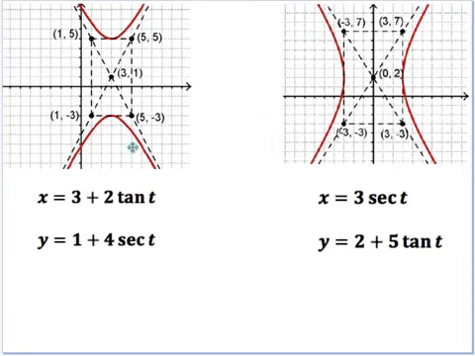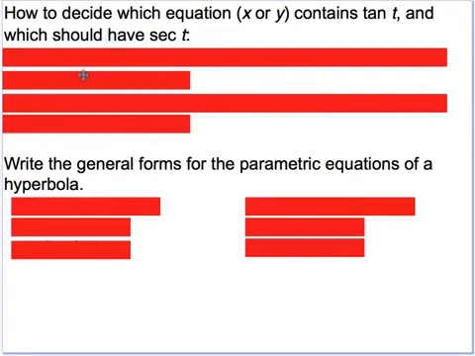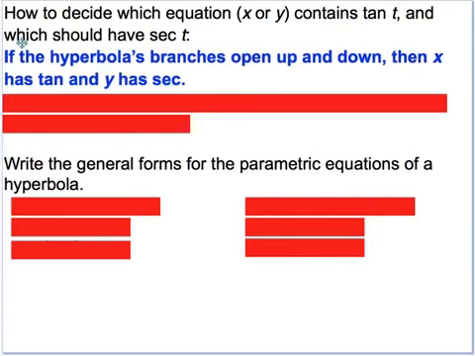And now how can we know whether we're using tangent with x or secant with x here? Well, it depends on which way your graphs are opening up. Okay, so how to decide which equation, x or y, contains tangent t and which contains secant t? If the hyperbola's branches open up and down, then x has tangent and y has secant.